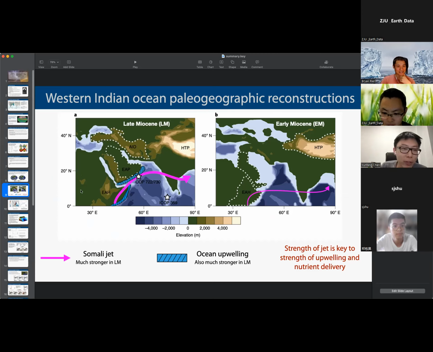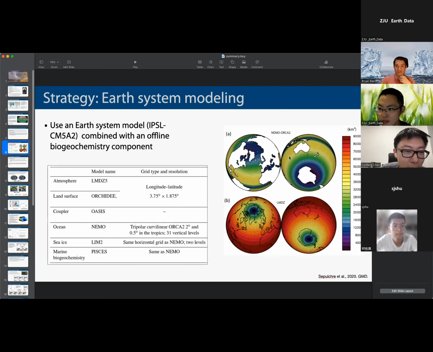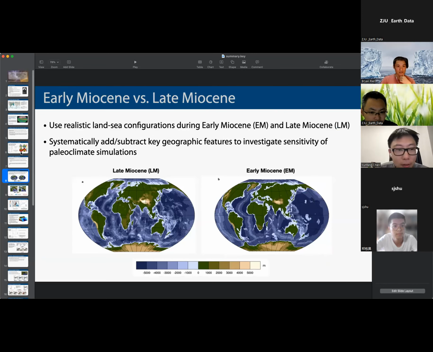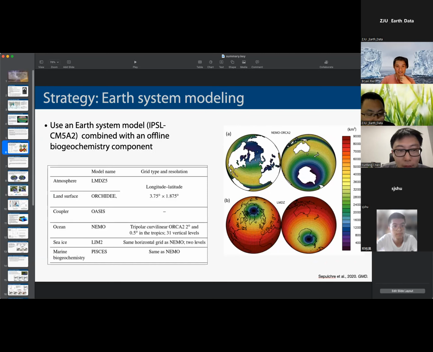Well, the previous figure, like the global distribution of the land sea area, are these figures cut from their paper? Oh yeah, these figures came from the actual model itself. Slide 6, yes, these came from the modeling paper.